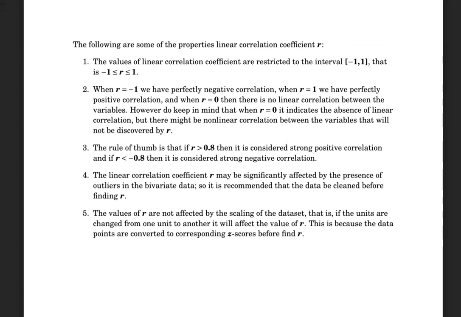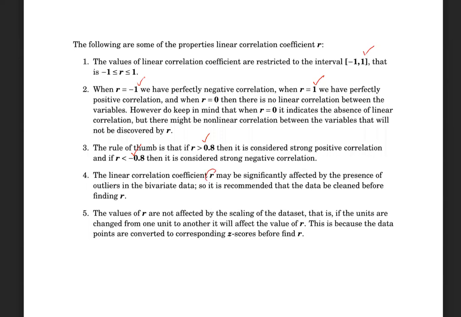The Pearson correlation coefficient value must fall between -1 and +1. -1 means perfect negative correlation. +1 means perfect positive correlation. If R is greater than 0.8, it is considered strong positive correlation. If R is less than -0.8, it is considered strong negative correlation.